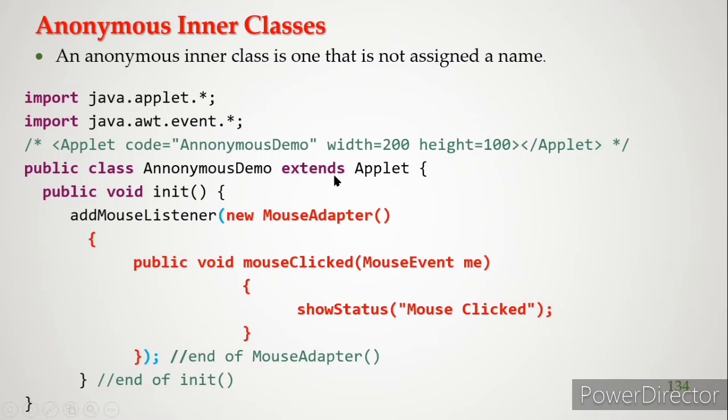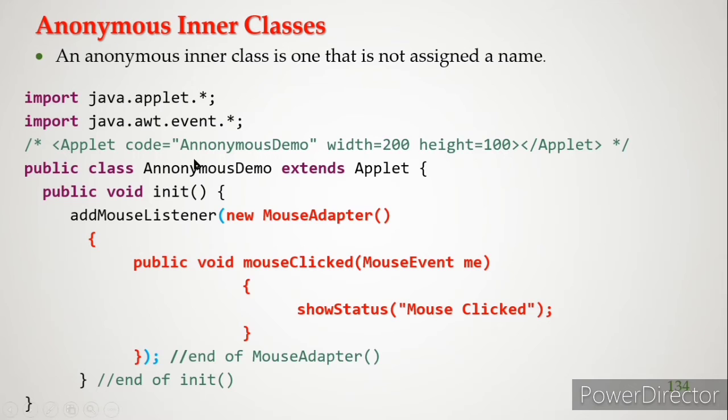This is an inner class with no name. The name is not assigned for this inner class. A class AnonymousDemo is extending an applet here, and the init method calls the addMouseListener registration method, and its argument is an expression.